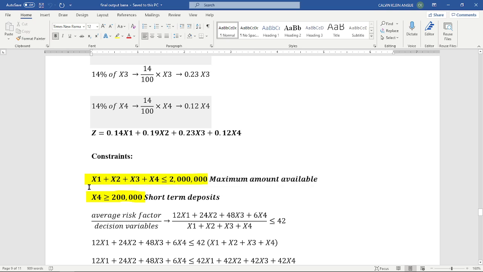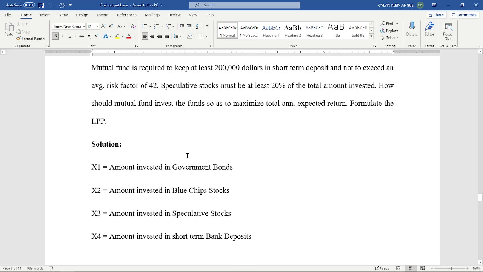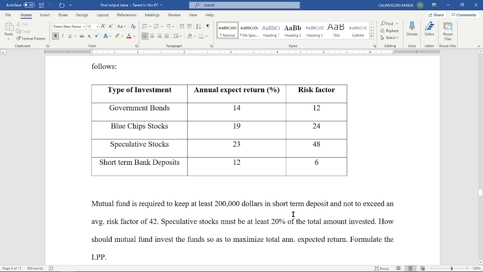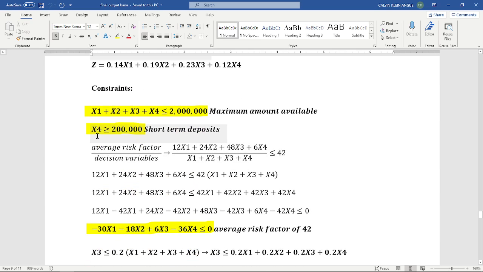So our first constraint will be x1 plus x2 plus x3 plus x4 is less than or equal to $2 million. Our second constraint is short-term deposit should be at least $200,000. So x4 will be greater than or equal to $200,000.